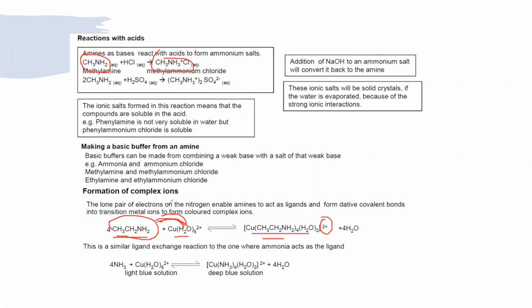So the lone pair of electrons on the nitrogen enables the amine to act as a ligand and form a dative covalent bond to a transition element to form a complex, or colored complex. This is a similar ligand exchange to the one where ammonia acts as a ligand. If you add ammonia, first it will form a blue precipitate in a small amount, and in excess the precipitate dissolves and forms a deep blue solution.